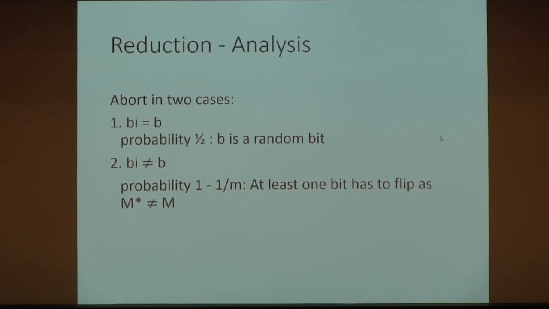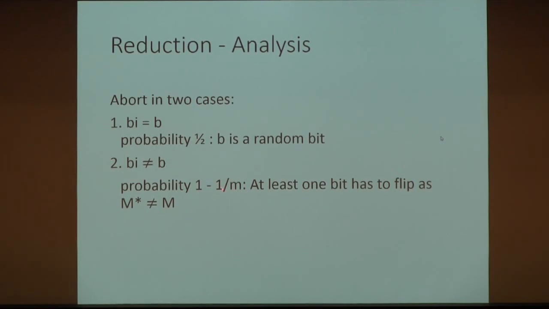And in the second case, when I get the forgery, I need that the bit in the i-th position is actually b. So this is conditioned on the bit of the query message at this position being unequal to b. Now, the attacker has to flip at least one bit in his forgery message, because otherwise the messages would be equal and this would not be a valid forgery.